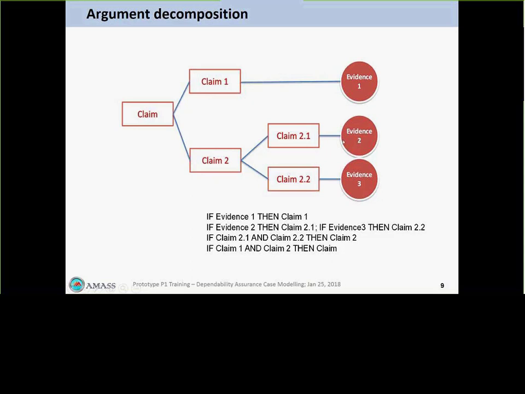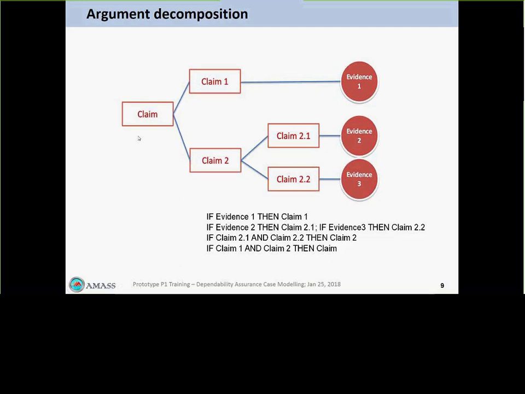If I have evidence 2, I can say claim 2.1 is true. And if I have evidence 2 and 3, I can say that claims 2.1 and 2.2 are true. If these both are true, then this is true. If this and this are true, then this is true. If one of them is not true, this is not true. So it's pretty logical.